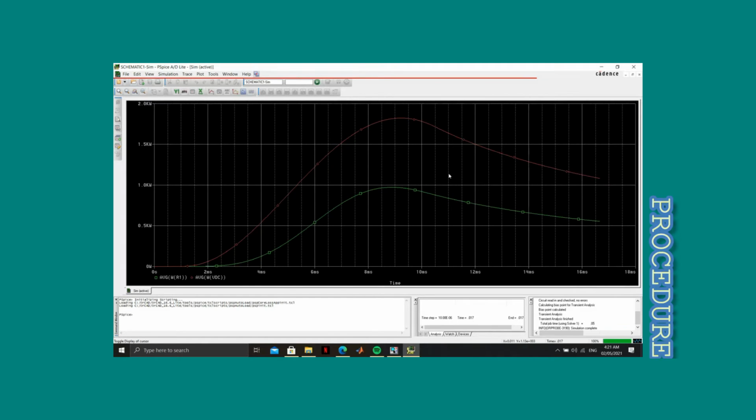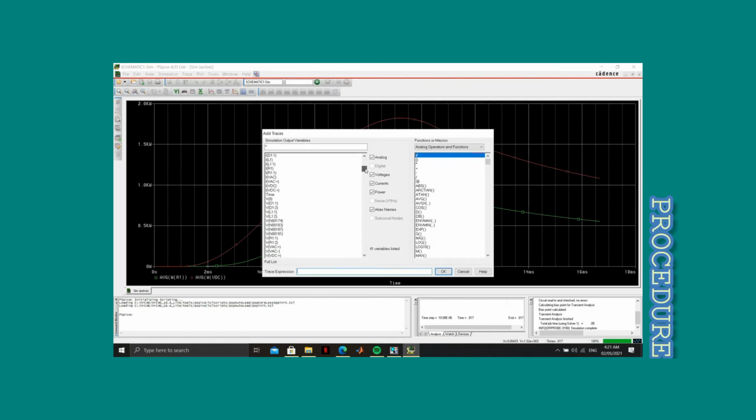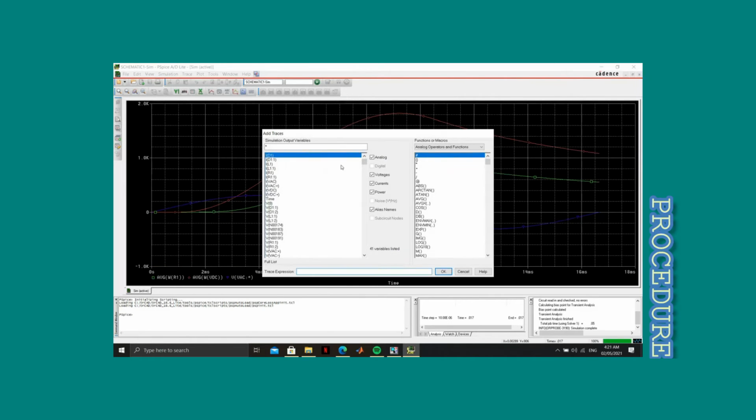To better understand the experiment, it is observed that the waveforms do not instantaneously start at 0 seconds, because they are at 0 watts at 0 seconds. So to understand it better, we should add the AC source and the DC source.